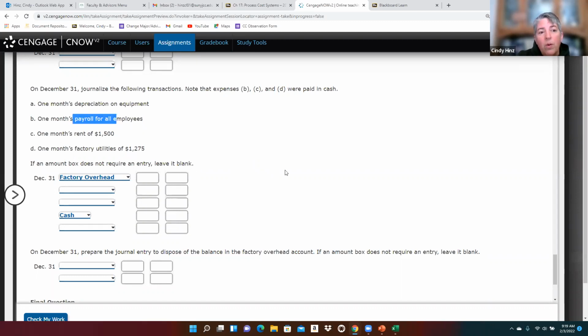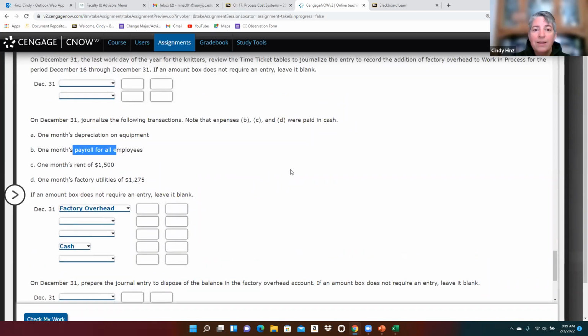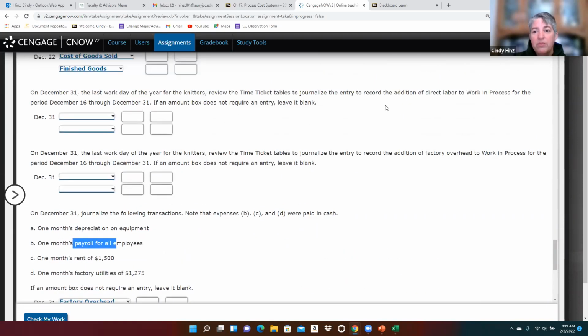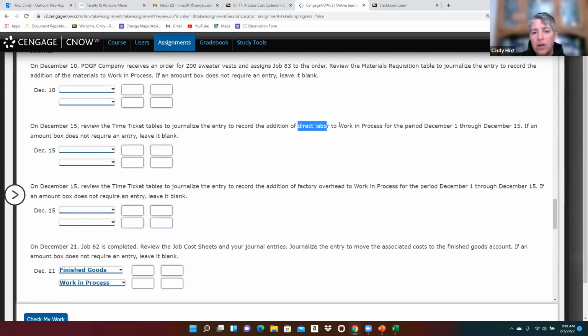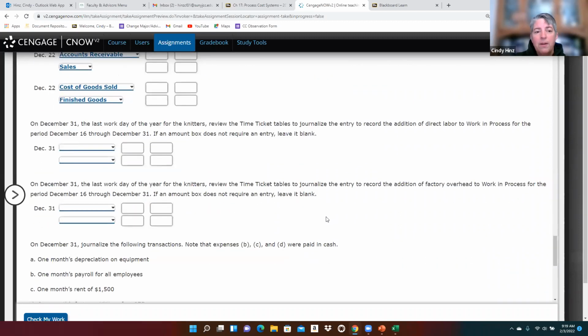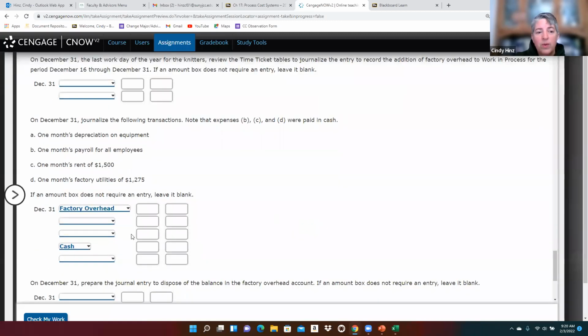The payroll for the direct labor has really already been recorded, as we did this entry here to record direct labor, and then the one that was up here. So we've really already recorded that direct labor expense. And when we recorded it, you would have recorded it as a credit to wages payable.